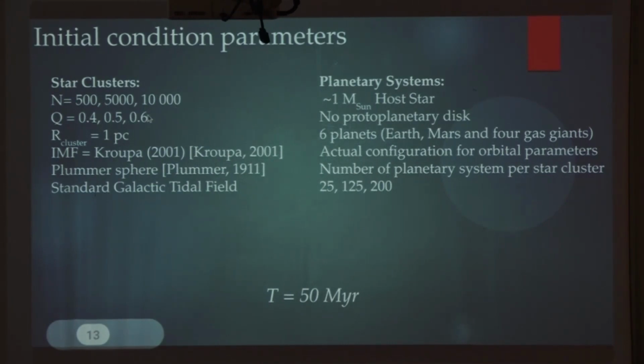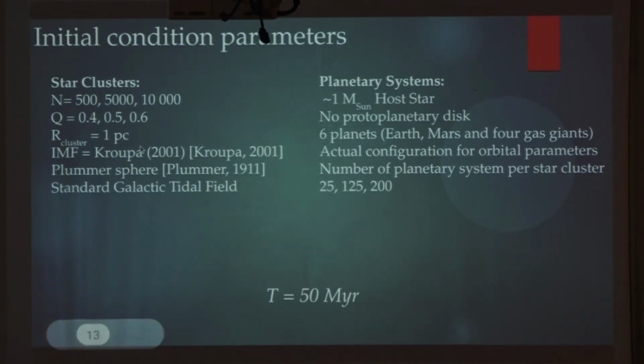As for the virial ratio, this is basically the ratio between the kinetic and potential energy. A star cluster with Q of 0.4 will be collapsing, 0.5 will be in virial equilibrium, and 0.6 will be expanding.